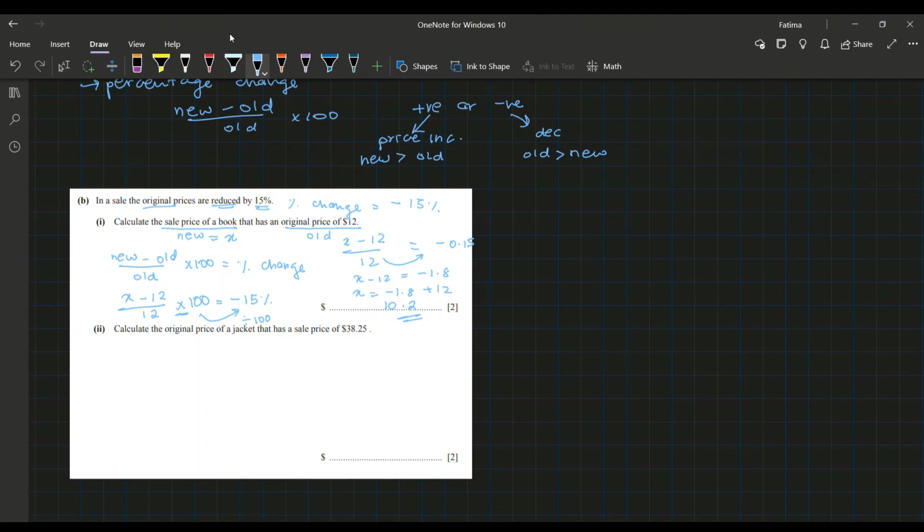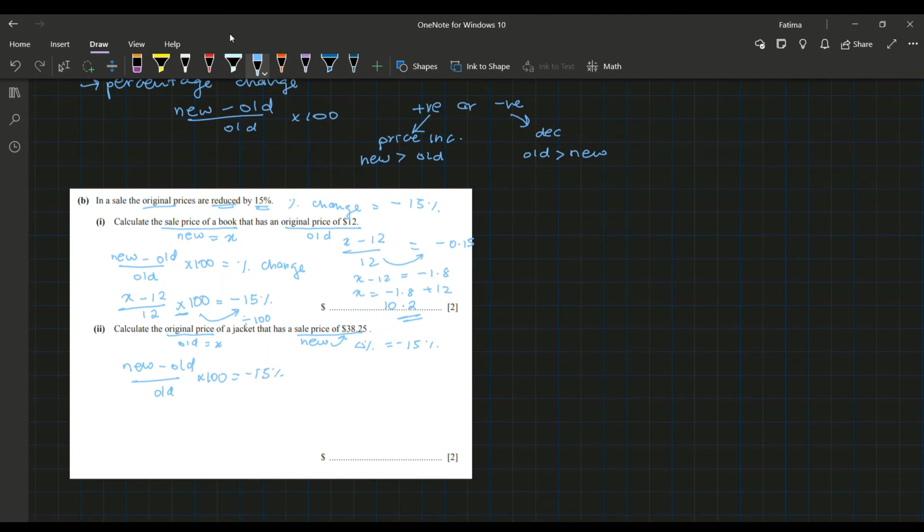Now we have to calculate the original price, so the old price, of a jacket that has a sale price of that much. So this is our new price. And because this is part 2 of question B, I'm assuming that the percentage change remains the same, that it is negative 15%. So new minus old upon old into 100 is equal to negative 15%.